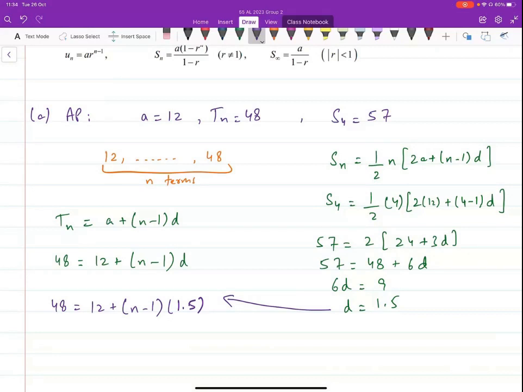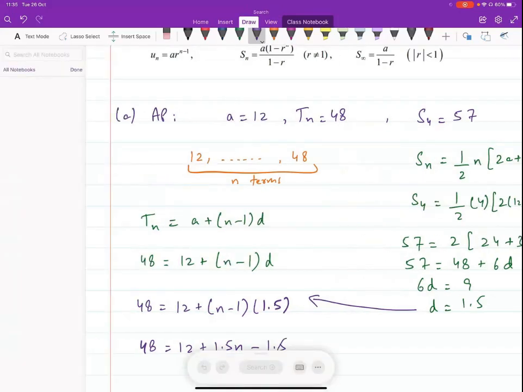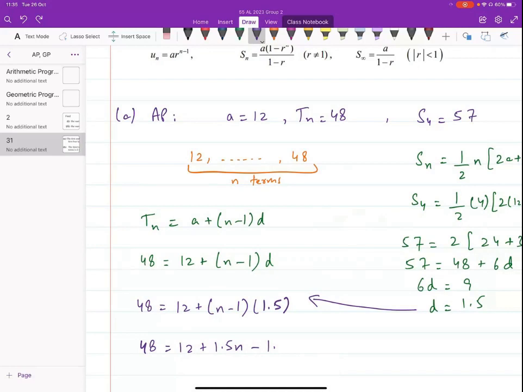And you get the value of n from here. That's the total number of terms. So that you get 48 equals 12 plus 1.5n minus 1.5. And then you just simplify this.